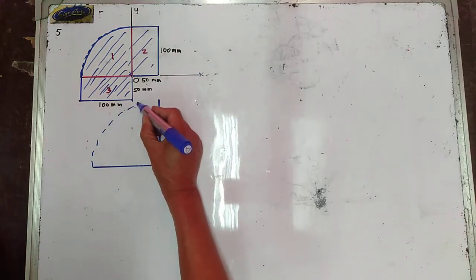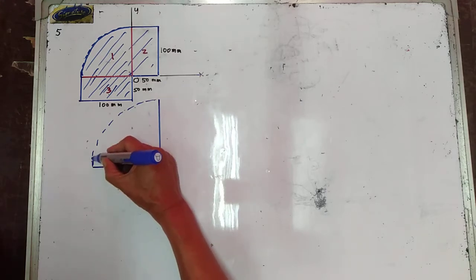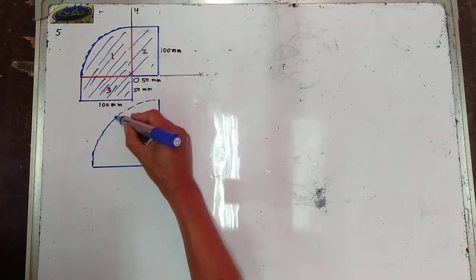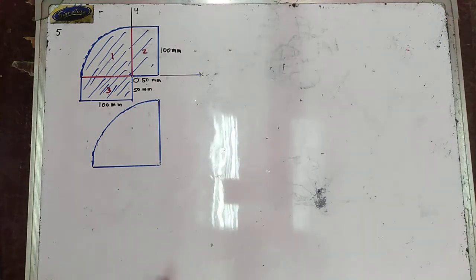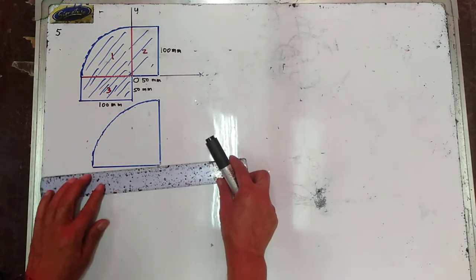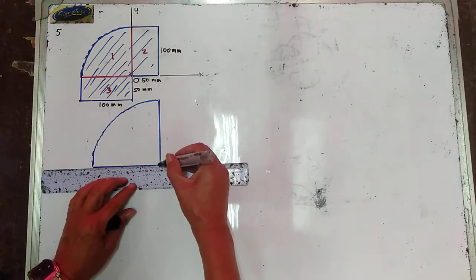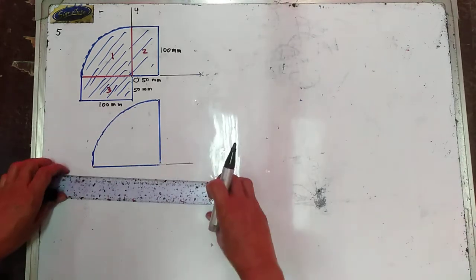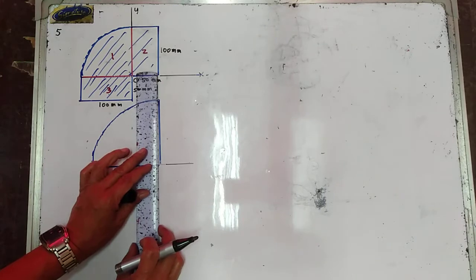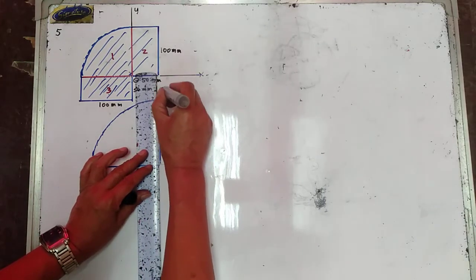Again, so we have the first area. So this is your first area. So we have, this is the x-axis. And this one is the y-axis.